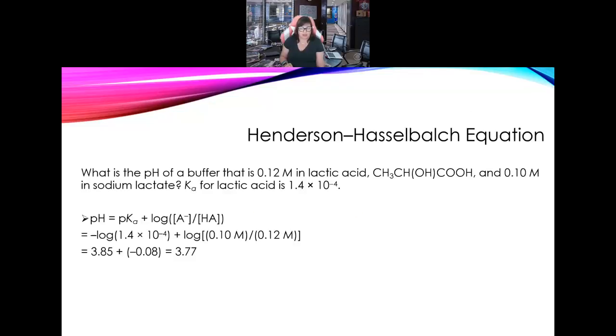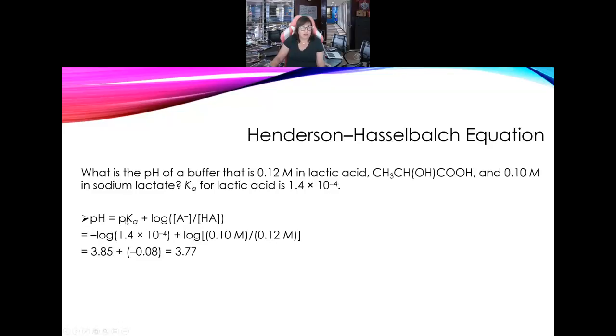How do I use that? I just told you I could. Now let's see how we do. So let's say that we want to know what the pH is of a buffer that's 0.12 molar in lactic acid, CH3CHOHCOOH, and 0.1 molar in sodium lactate. The Ka for lactic acid is 1.4 times 10 to the minus 4th.